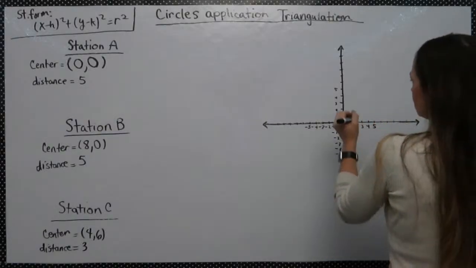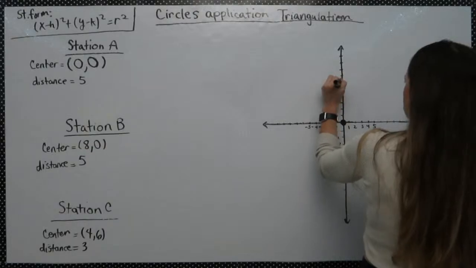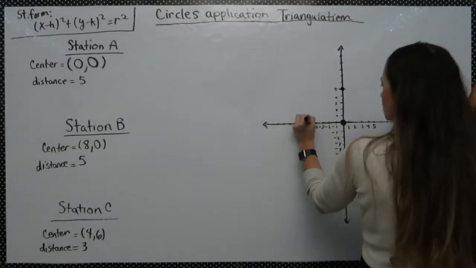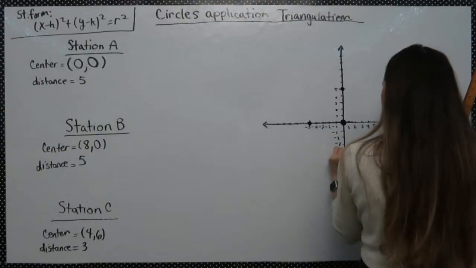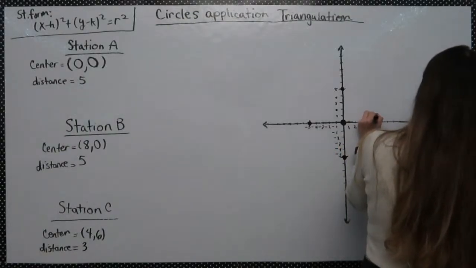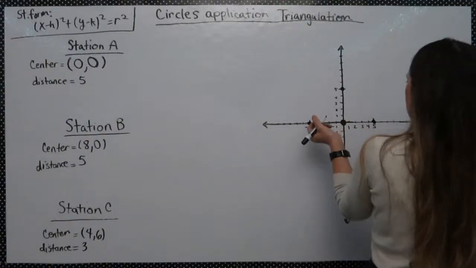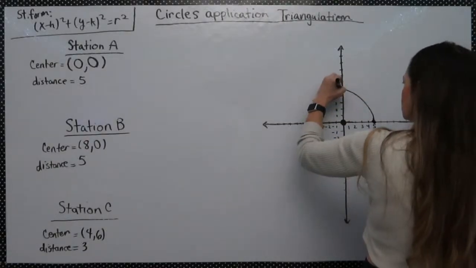All right, and then we're just going to draw our radiuses in because these are actual locations on the graph. We've got these points that exist. So I can go ahead and sketch this circle pretty accurately.